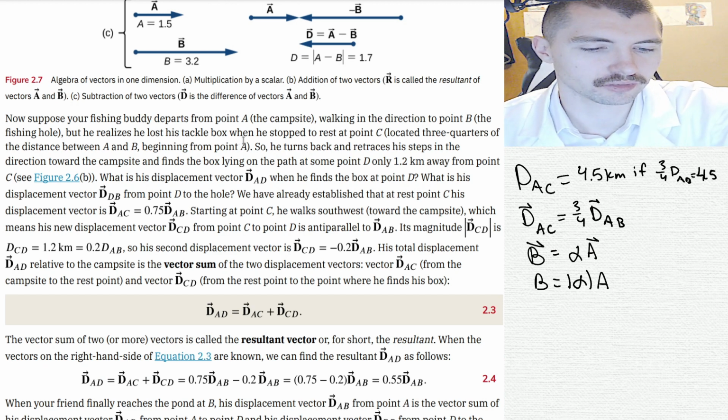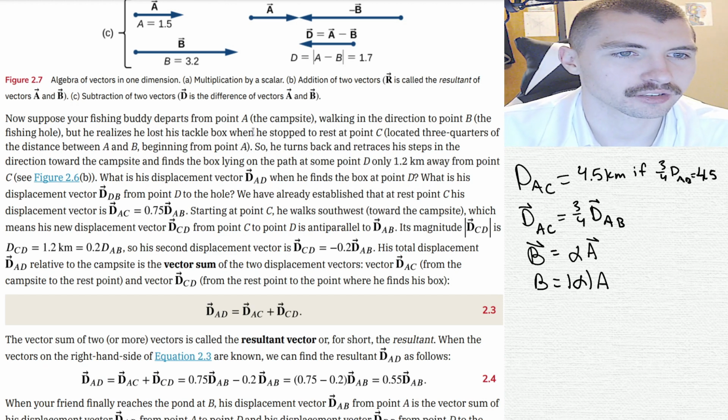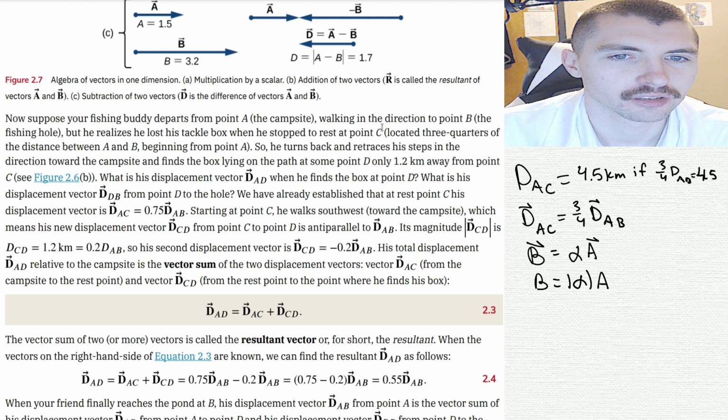Now, suppose your fishing buddy departs from point A, walking in the direction to B. At rest point C is this.